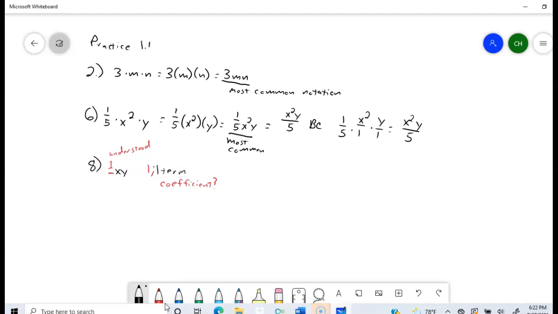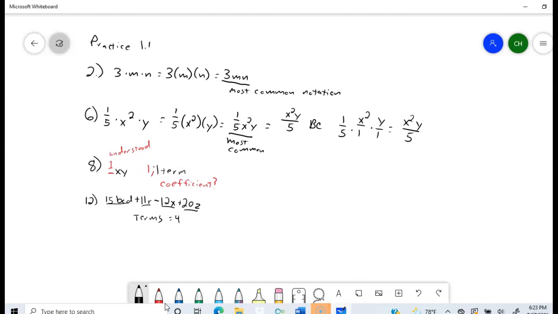Let's look at number 12. We've got 15bcd plus 11r minus 12x plus 20z. Okay, so terms, we have 1, 2, 3, 4.